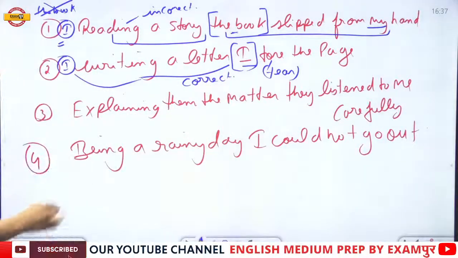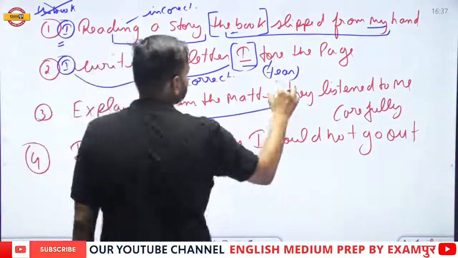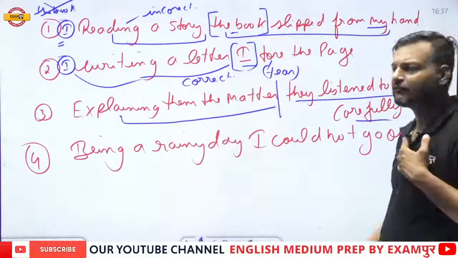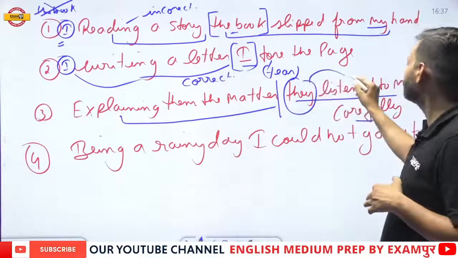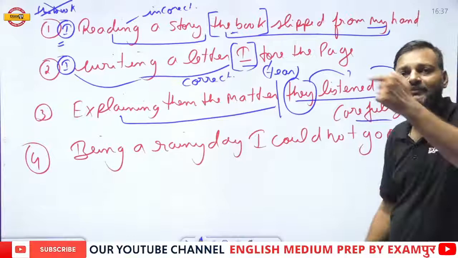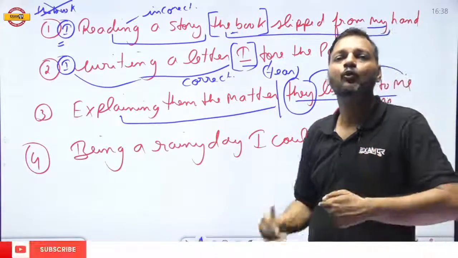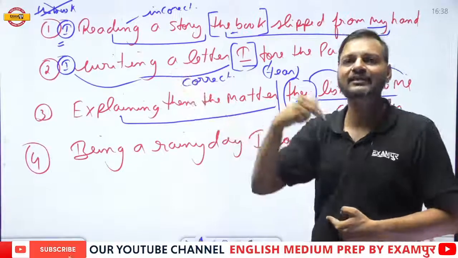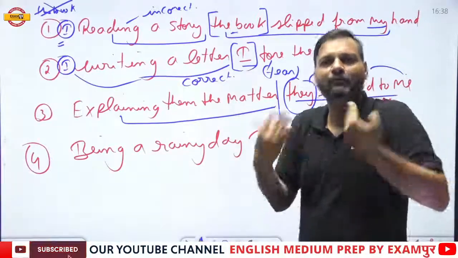Now third, explaining them the matter, they listened to me carefully. So who listened to me carefully? They. If they listen to me carefully, then who is explaining, they or I? If someone is listening to me carefully, it means I am explaining, not they.